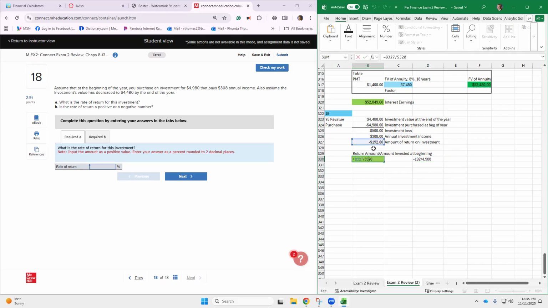So here's what I did. I took my return and I divided it by 4980. It's going to be a negative.